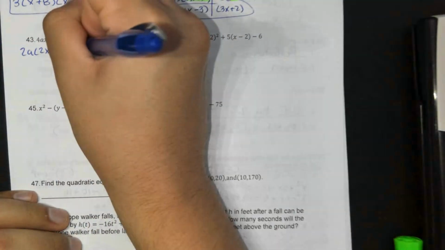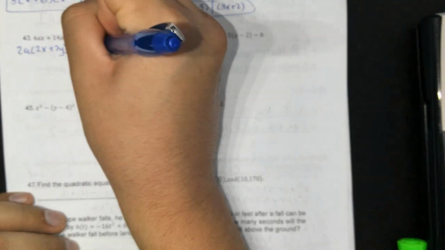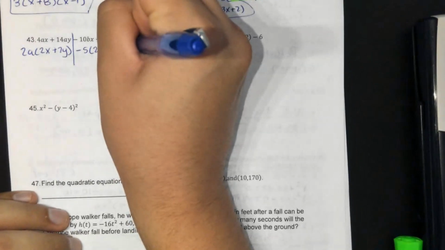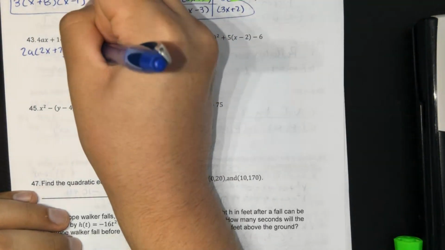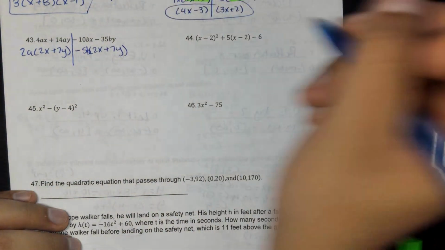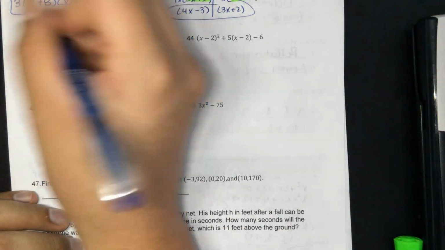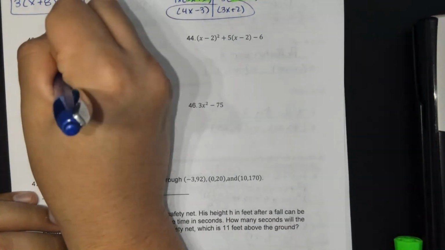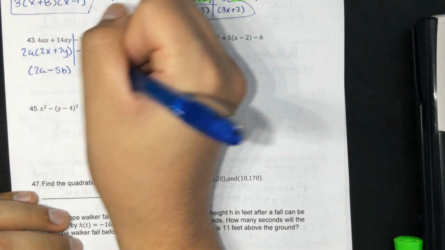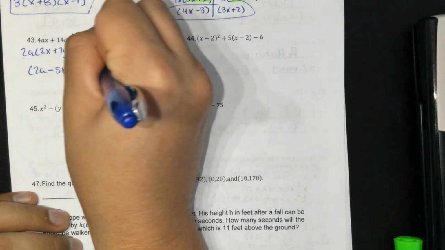On the right side, we could take out a negative 5, which leaves us with 2x plus 7y also. Or sorry, negative 5b. So take out a negative 5b. So negative 5b for the GCF. So then when I combine what I took out, we get 2a minus 5b, parentheses 2x plus 7y.